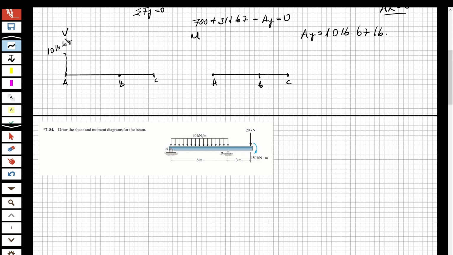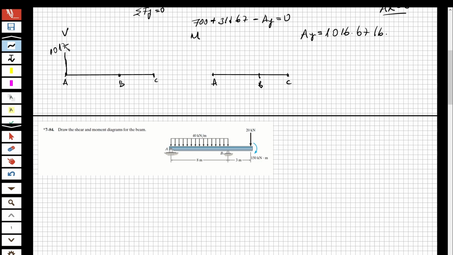So this is 1016.67. Now I have a force here, but we can write it directly as shear force 1017.